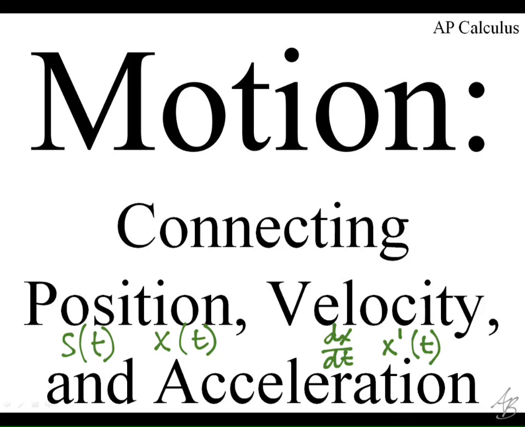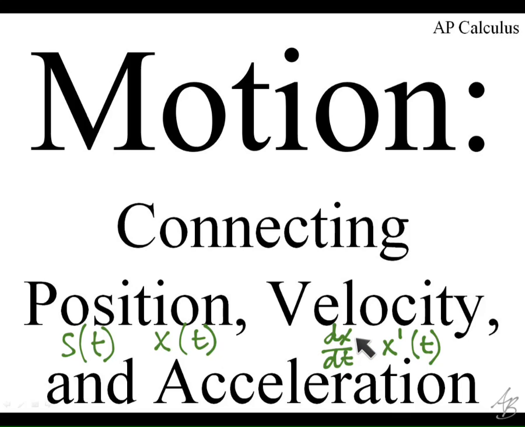So if we know the position x at any time, then we can use that position function to determine the derivative of that position function, which turns out to be your velocity. If your position is getting smaller, then that means that your velocity is going to be negative. If your position is increasing, you're moving away from some origin, then that means that your velocity is positive, right? Okay.